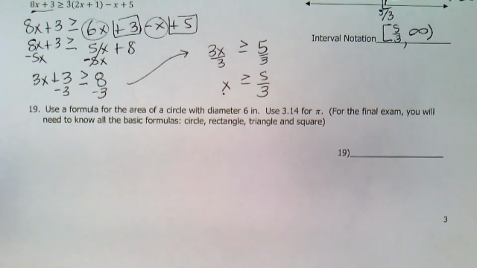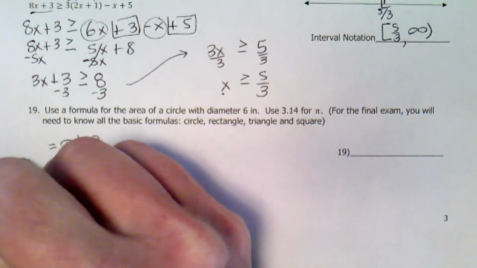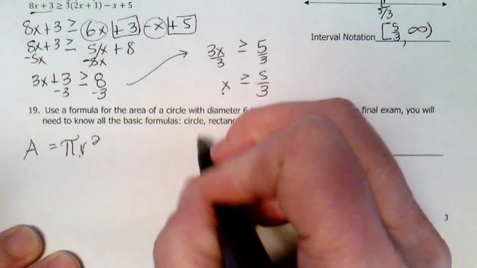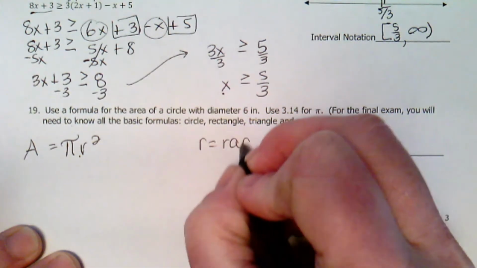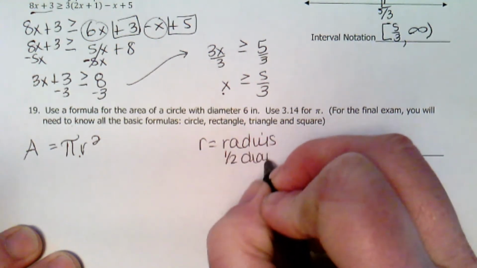Alright, 19. Use the formula for the area of a circle with diameter 6 inches. Use 3.14 for pi. So you know our formula for area is pi r squared. r stands for radius, which is half the diameter.